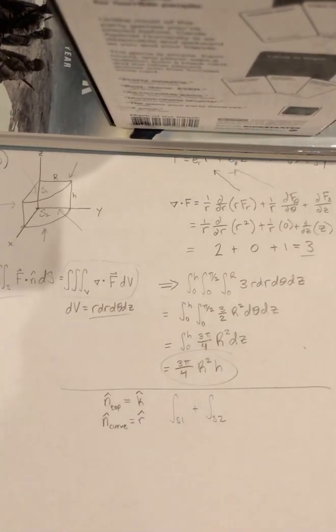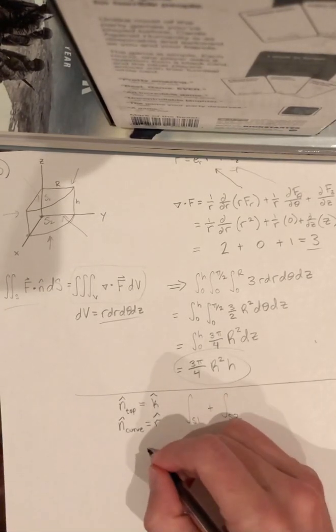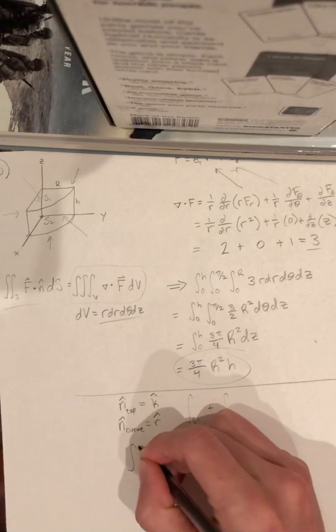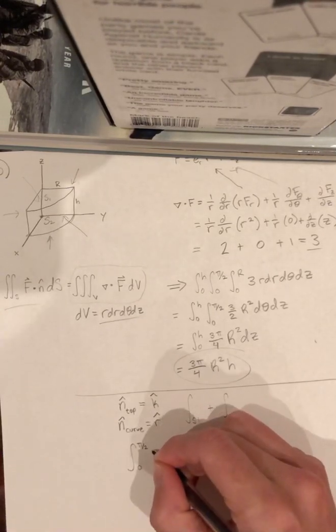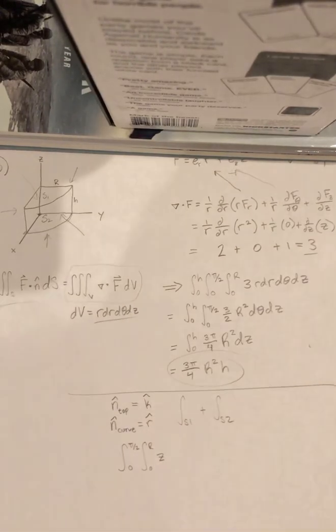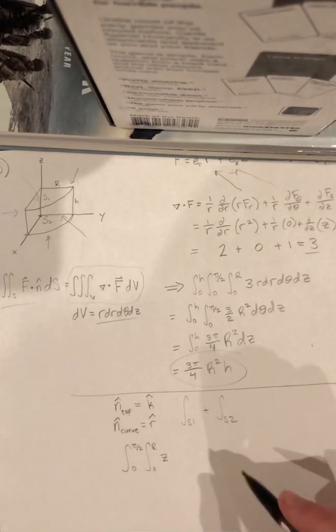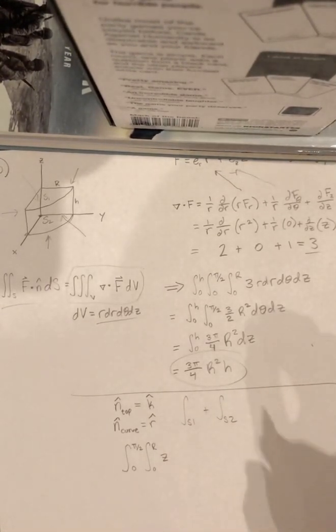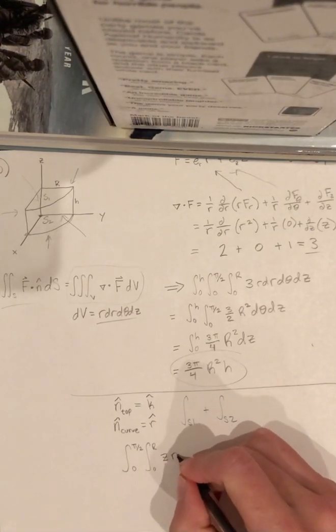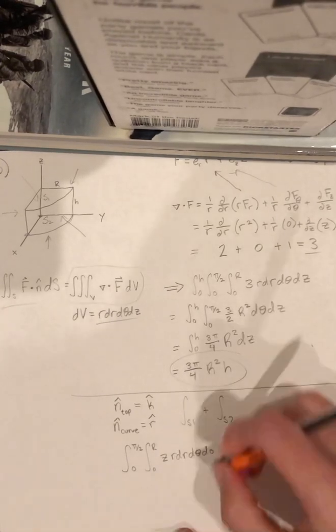The top integral is going to be a double integral from 0 to pi over 2 and 0 to r of z, and it would be dS, but this has the same conversion as dV, so we're going to do r dr d theta.